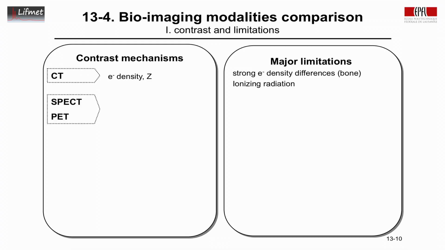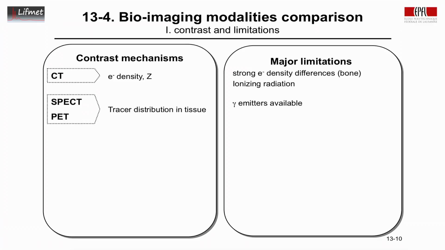If we look at the emission computed tomography techniques, SPECT single photon emitters and PET positron emitters, the contrast mechanism here is the distribution of the exogenously administered tracer in the tissue. So we administer a radioactive substance, a decaying substance, and measure the distribution of the radioactivity in the tissue.